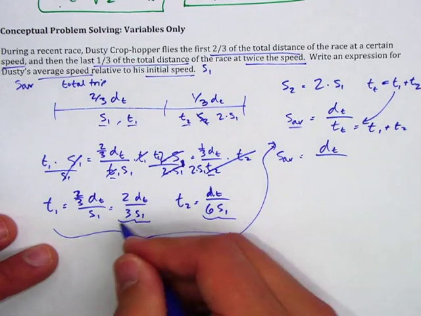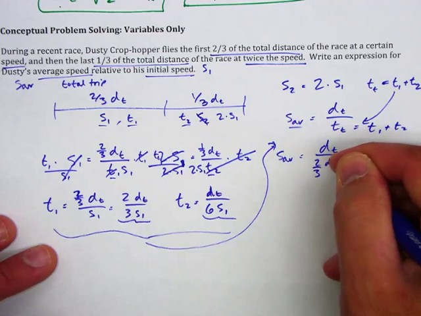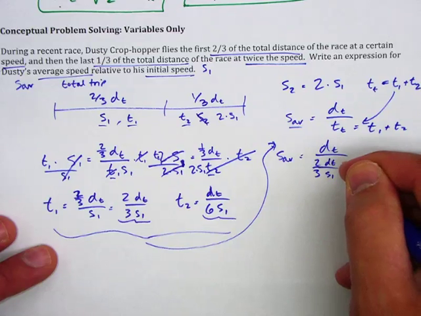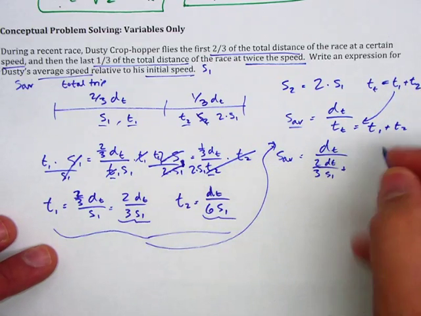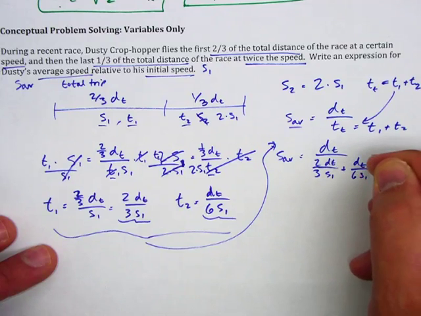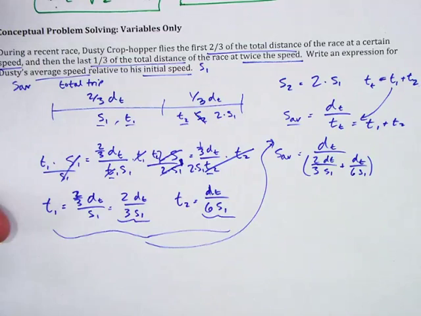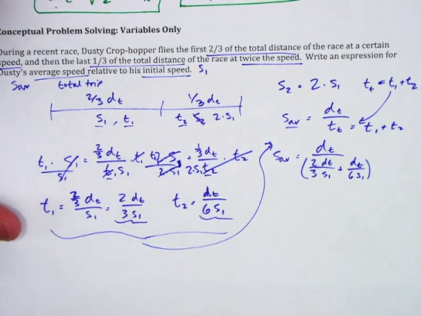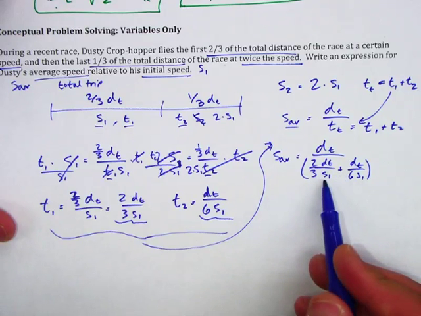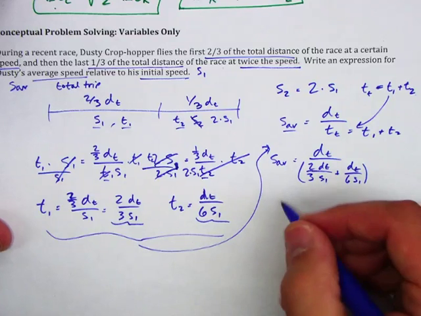So I'm going to put in for t1 2/3 dt over s1 plus t2, which is dt over 6s1. And hopefully you can see from this, I can factor out a dt and a 1 over s1. So let's do that. So let's factor out the variables first.